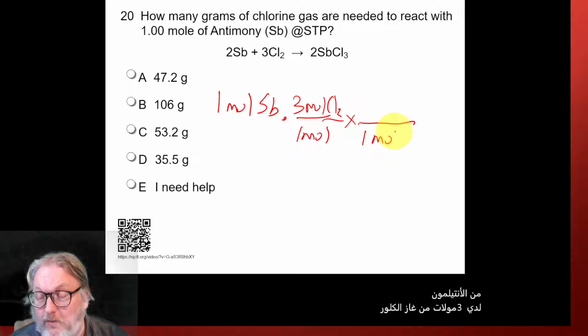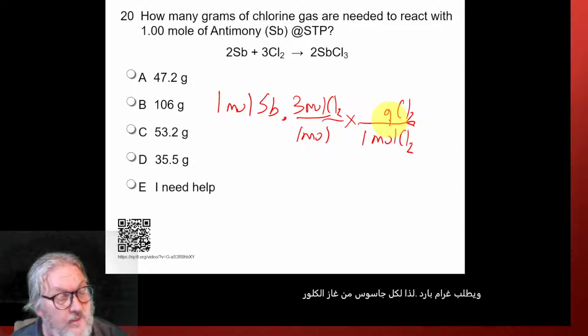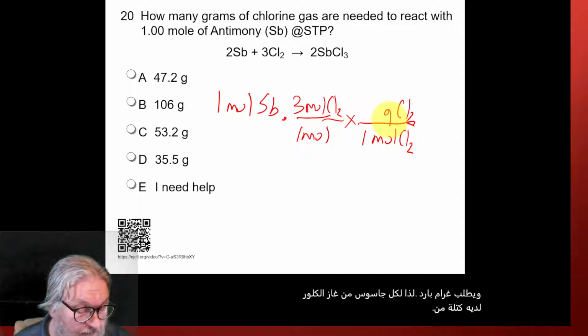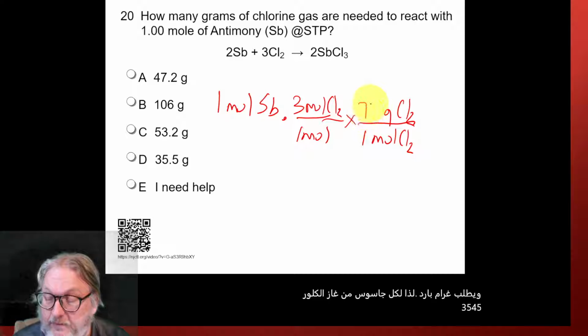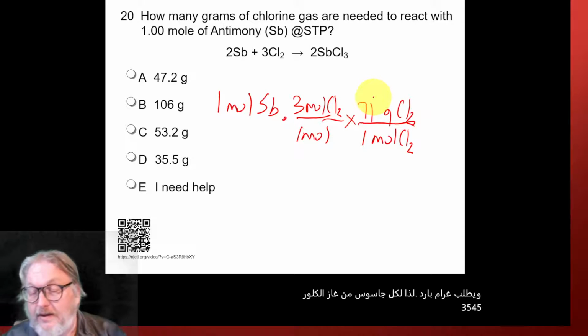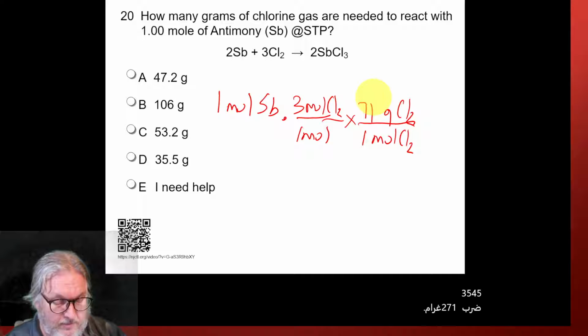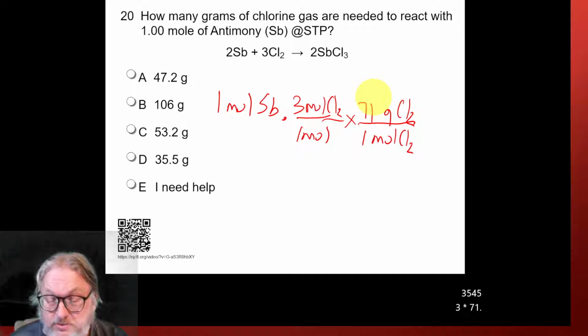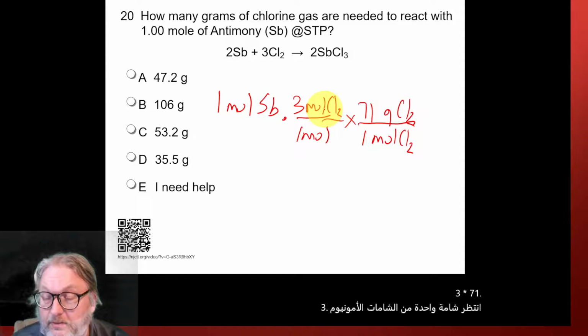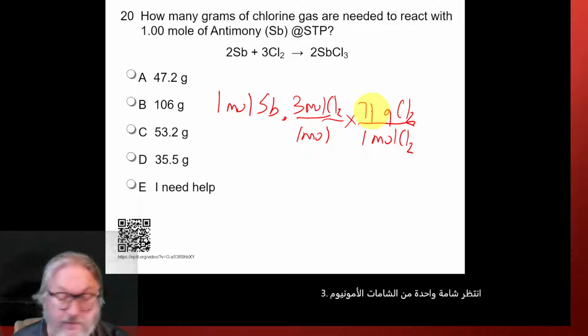So for every 1 mole of chlorine gas, it has a mass of 35.5 times 2, 71 grams. 3 times 71 gives me, wait, 1 mole of antimony, 3 moles. So that's 3 times 71.